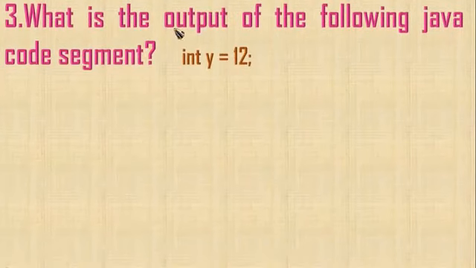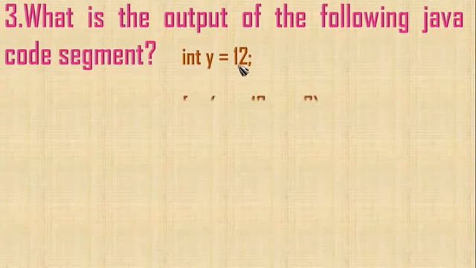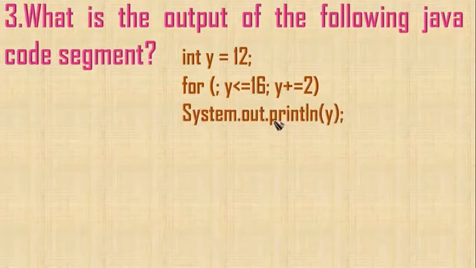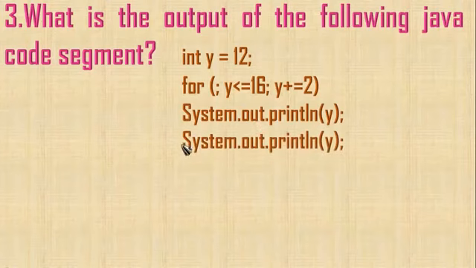Next question, what is the output of the following Java code segment? int y = 12. For, so it is not initialized here, but it is initialized already before the loop. y is less than or equal to 16, y += 2. So it is printing y. So again it is printing y. See here, you should not get confused.